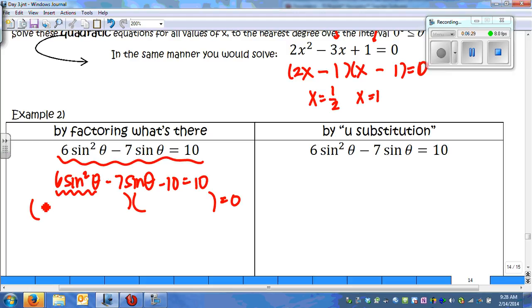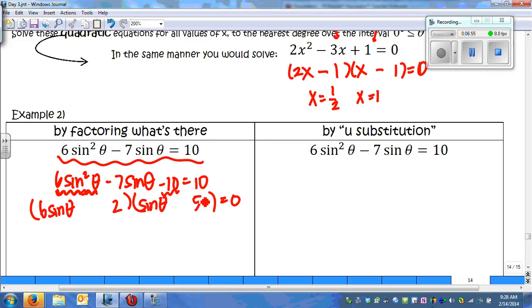Let's go ahead and use 6 sine theta and 1 sine theta. 6 sine theta times sine theta, of course, is 6 sine squared theta. The next thing you should be looking at is this 10. What times what could make 10? Well, 2 times 5 is 10. Let's try those guys. Let's go ahead and put 2 here and 5 there.